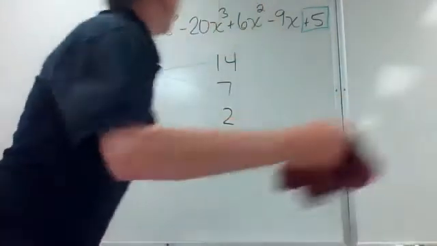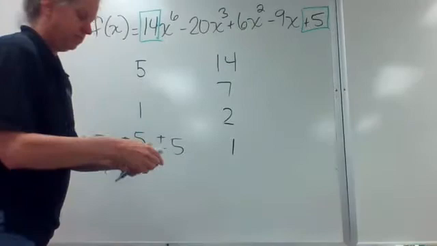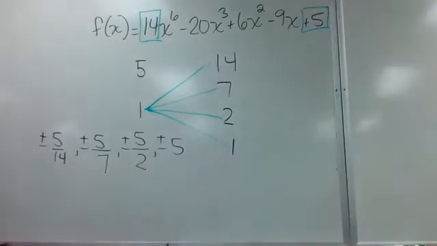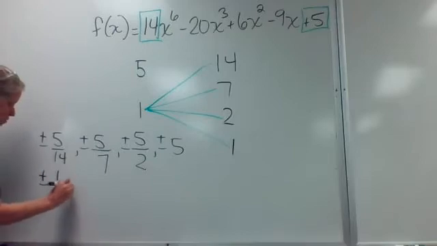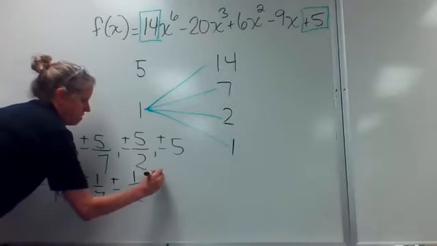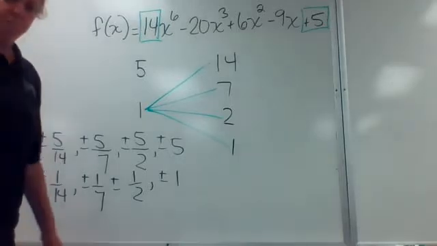Then you're going to start all over using the 1 as your numerator. So positive and negative 1/14, positive and negative 1/7, positive and negative 1/2, and positive and negative 1. Okay, and this one is multiple choice, so you're not going to have to type all that out, right? So that's what it is on number 15.